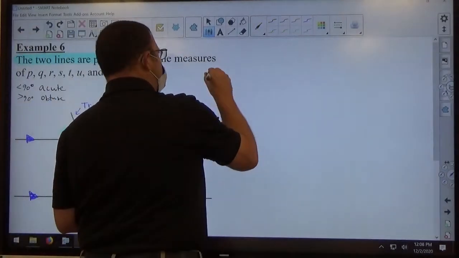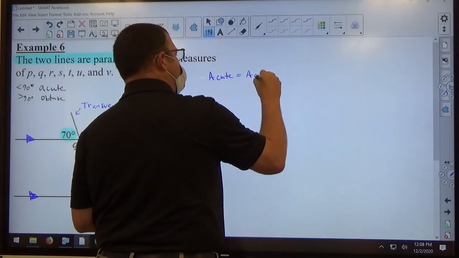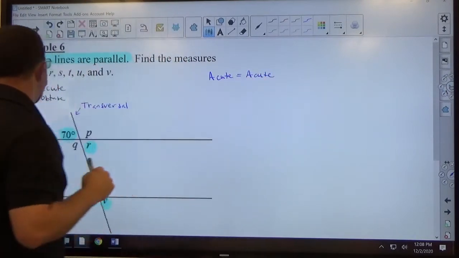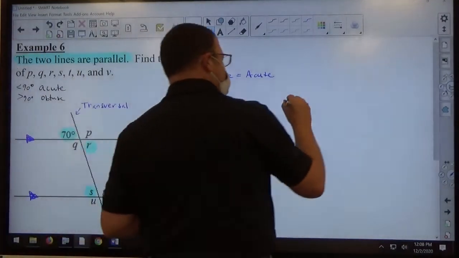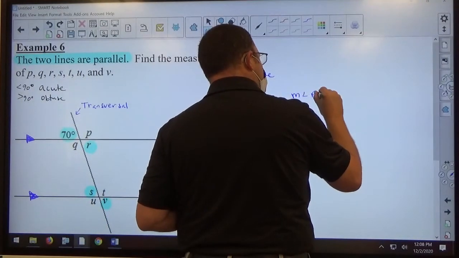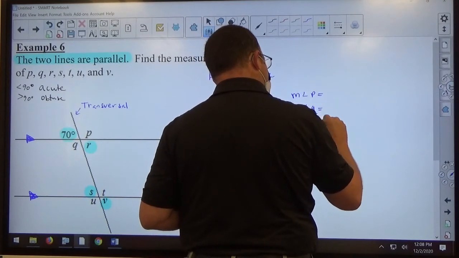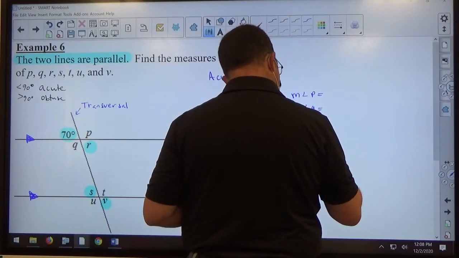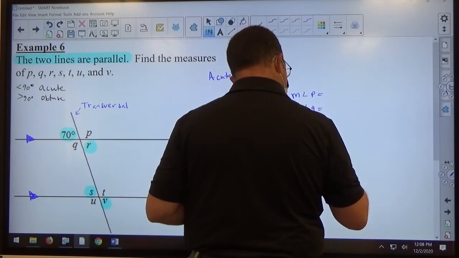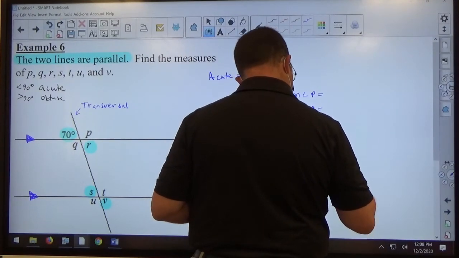So acute equals acute. Where they tell me to find the measures of P, Q, R, S, T, U, and V: measure of angle P equals measure of angle Q equals measure of angle R equals measure of angle S. Measure of angle T, measure of angle U, and measure of angle V.